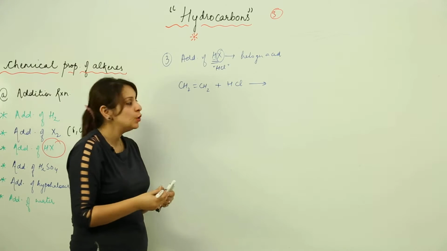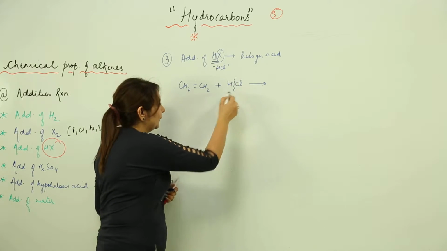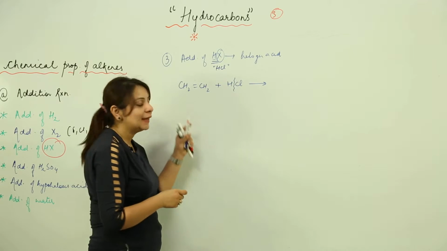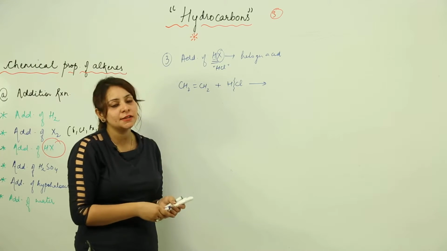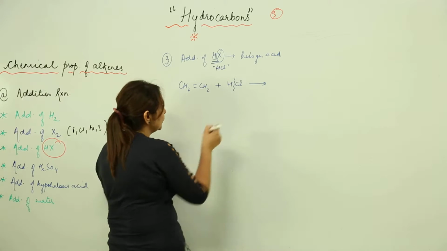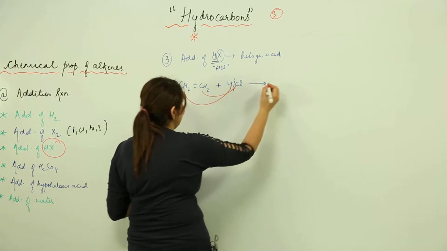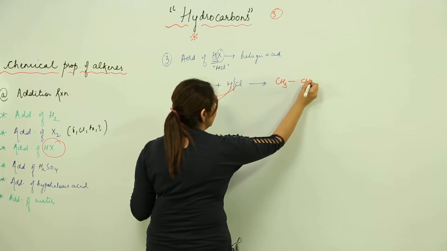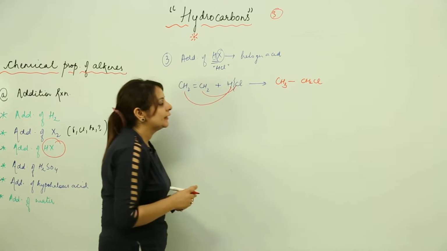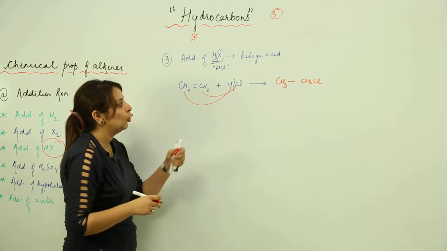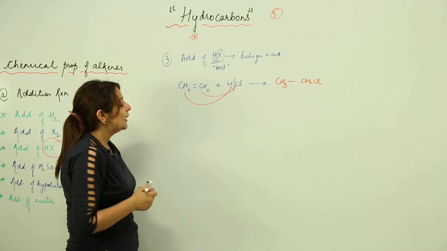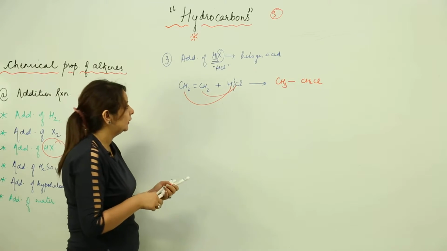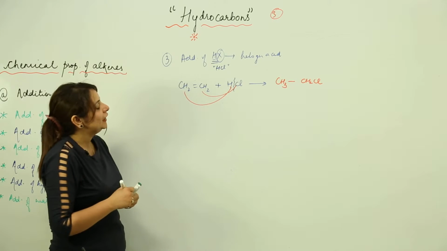As I told you, it is going to break in this manner. One atom is going to attach to one carbon atom, another to the other carbon atom of the double bond. Let's say it attached this way. So it becomes CH3, the double bond becomes single, and it becomes CH2Cl. That means you get chloroethane.